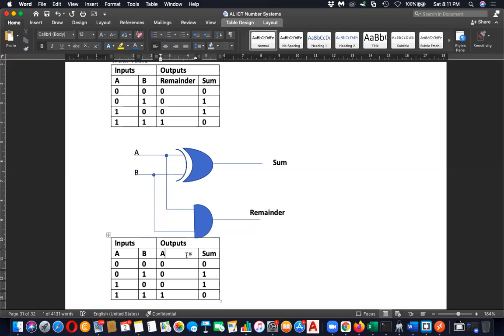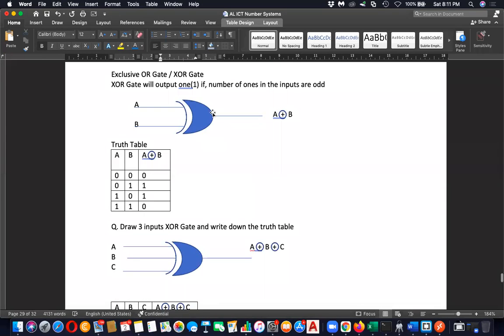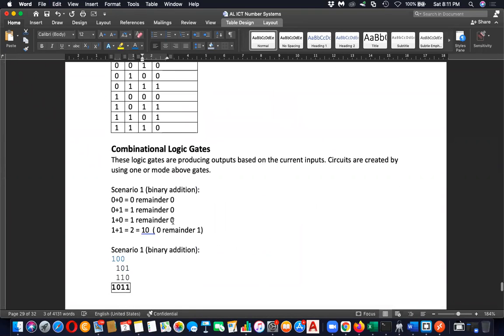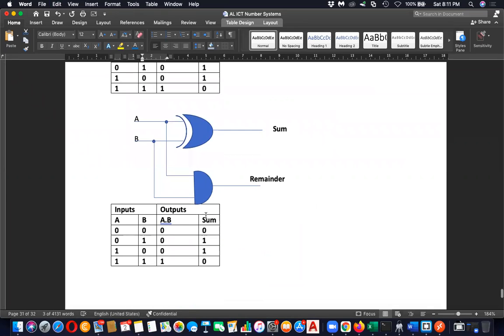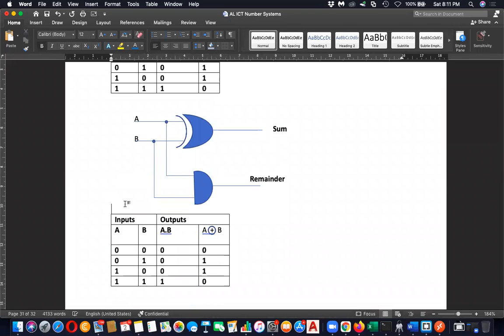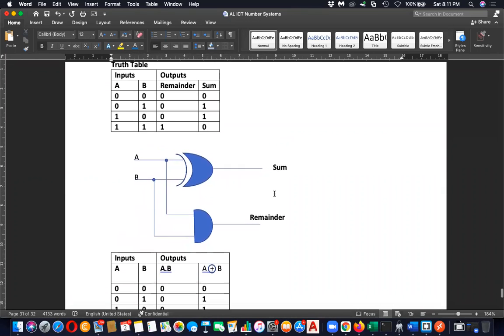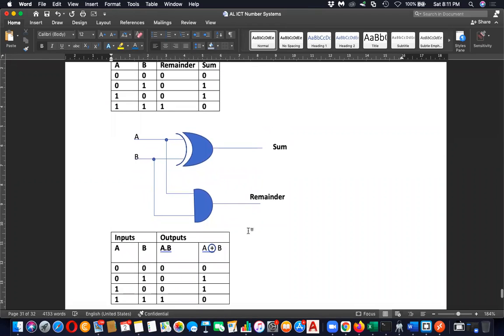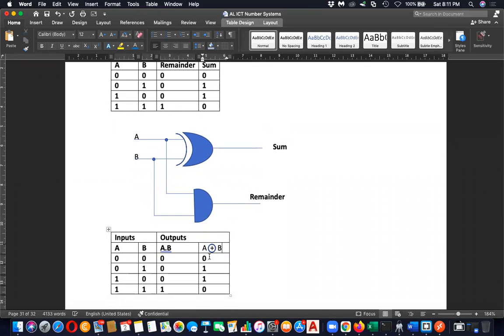This is A and B, A dot B. This is A XOR B. The second one is A XOR B. Okay. So please draw this circuit and the truth table. The truth table is a similar thing, but the only difference is you have to add the Boolean algebra notation.